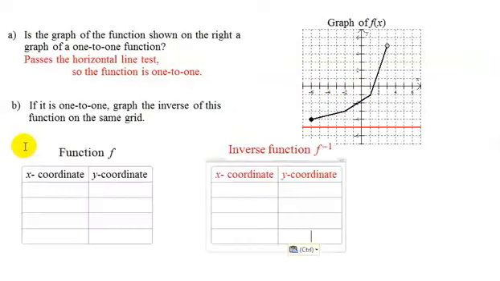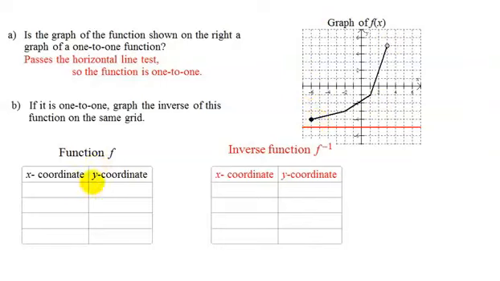So let me paste in a couple of sets of tables, because the only way to graph the inverse of a function that looks like this is to pick points that are on my function. And let me get my pen working correctly. I need to get points that are on my function.